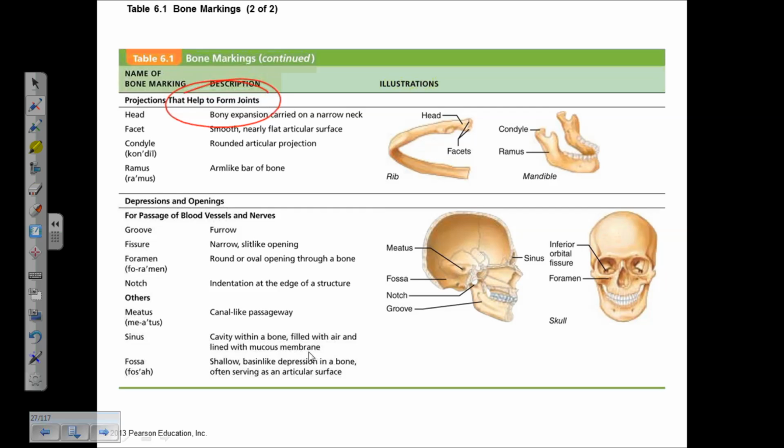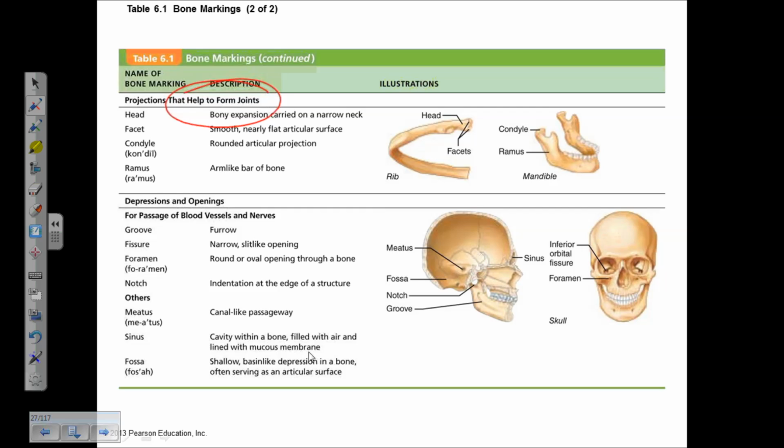You can find grooves, which I won't be able to find on this skeleton right now, but what I'll be able to find is a fissure. If you take the skull and look in its eyes, you will see that inside the orbit there is a small opening that is called the inferior orbital fissure.